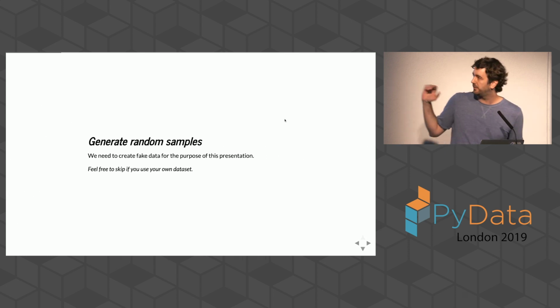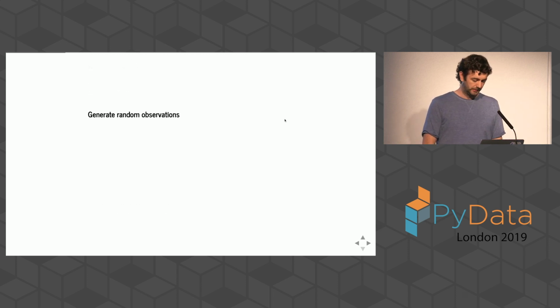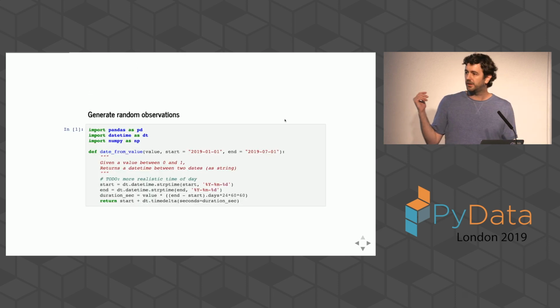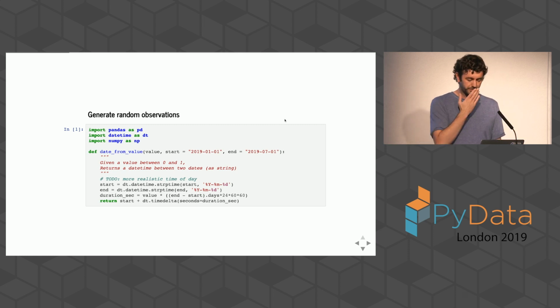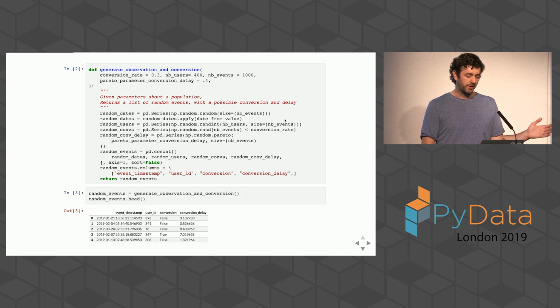Okay, so now we're going to look at the code. The first thing that we're going to do is to actually generate random samples, okay? So here, this part is simply to generate a random date time between these two dates. So we generate a random date time. We then generate an observation and conversion.